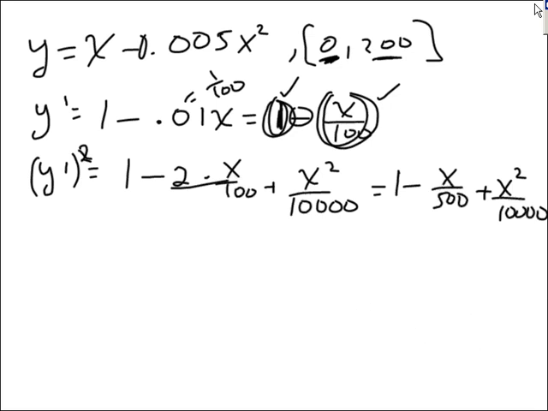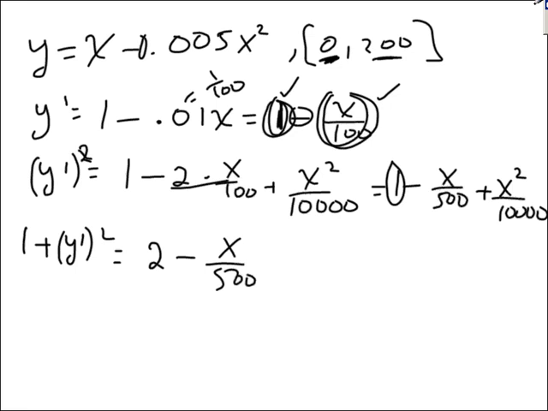We want 1 plus y prime squared. Well, if you add 1 to that 1, you'll get 2 minus x over 50 plus x squared over 10,000.